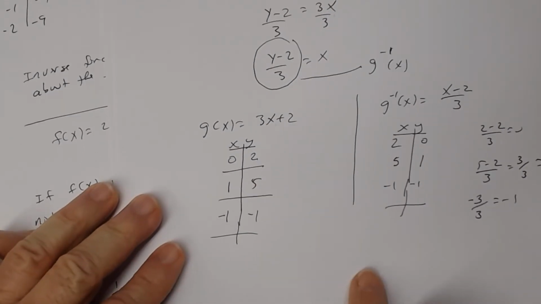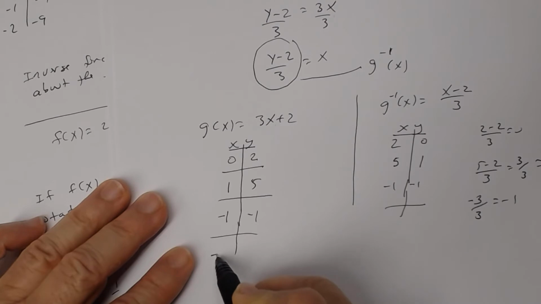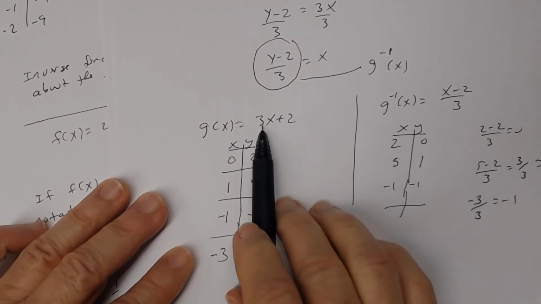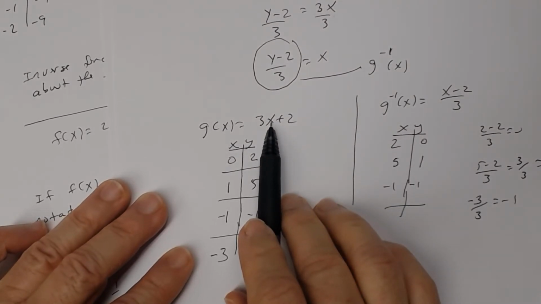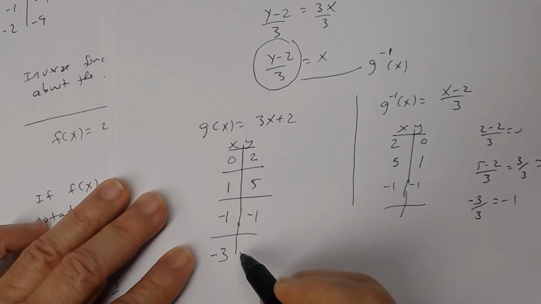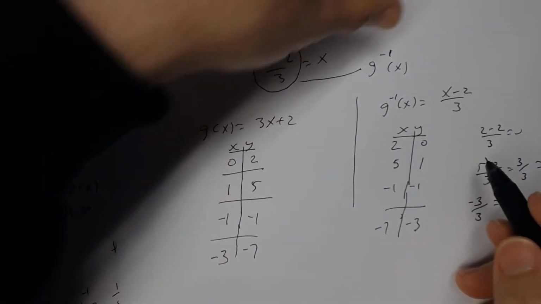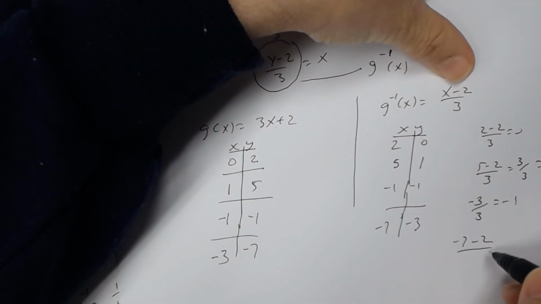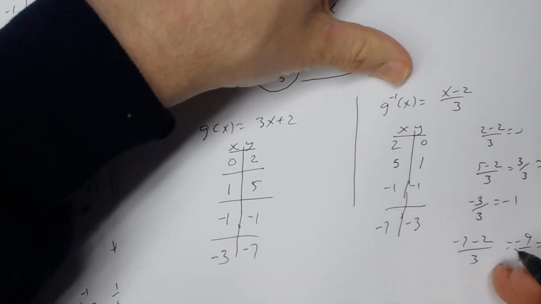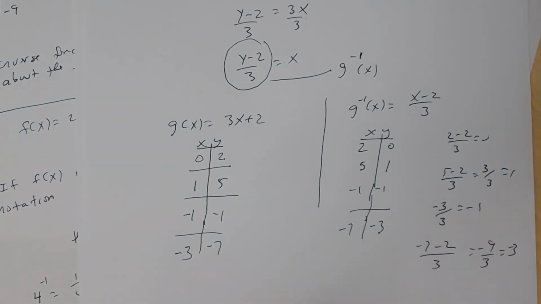If x is negative 3, 3 times negative 3 is negative 9. Negative 9 plus 2 is negative 7. So over here, I better get negative 3. Let's see. Negative 7 subtract 2 divided by 3 is negative 9 divided by 3, which is negative 3. That's what I get.